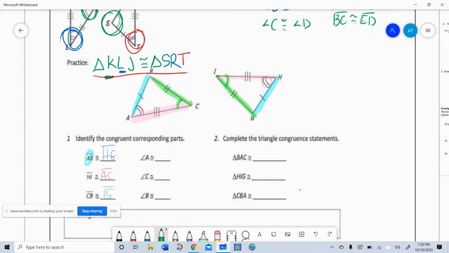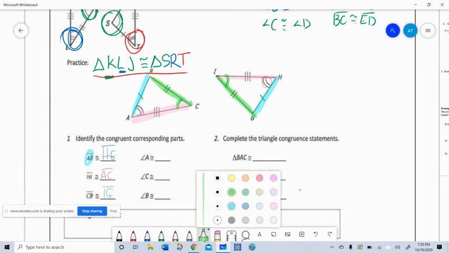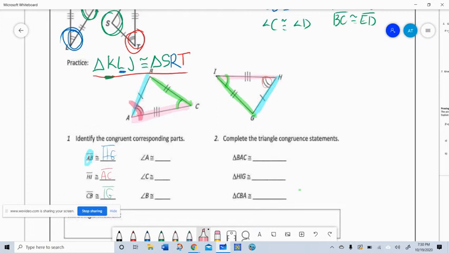And then much easier to do would be the angles. The angles to me are the easiest part. So if I'm looking at this and I've got angle A, angle A is this one right here with 2 marks.